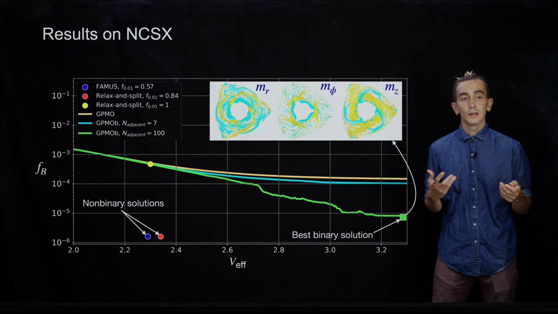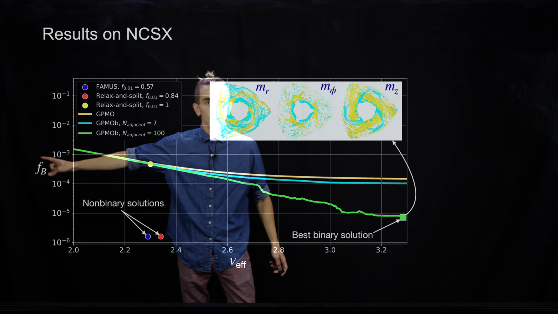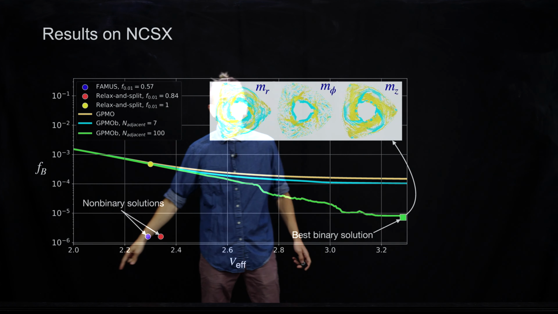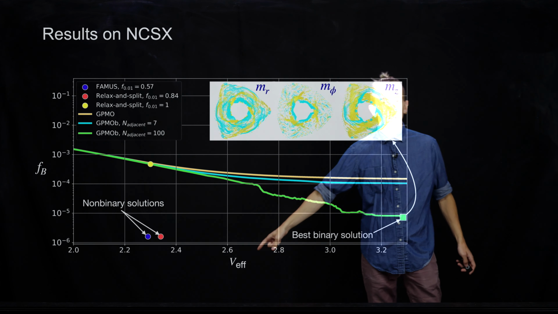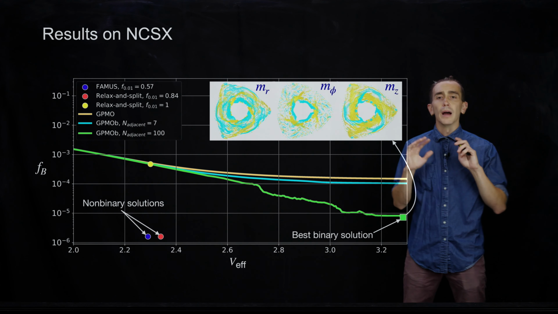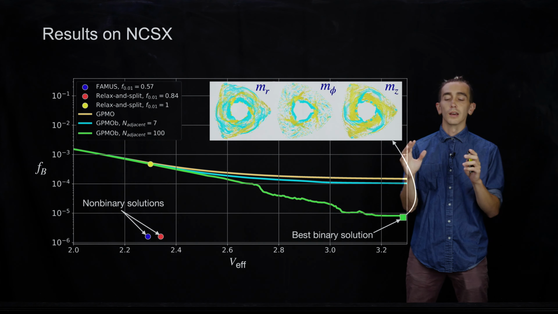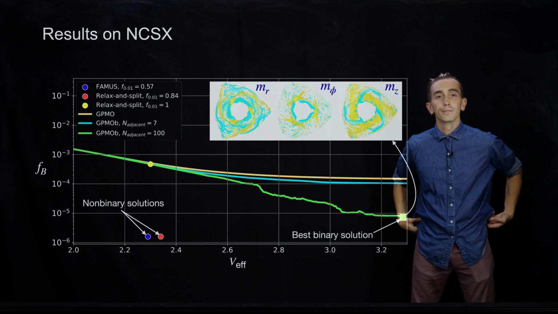What we did is we looked at the errors in the physics, so f_B, on a log scale. And then we varied the amount of what's called the effective volume. You can think about this as the amount of space required for the magnets that you put down, the total magnet volume that you need for your solution.